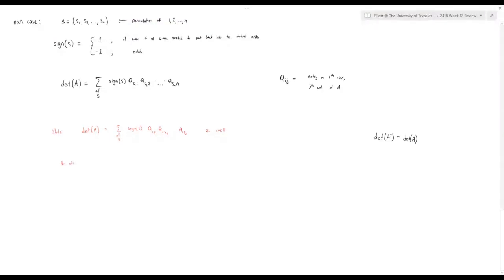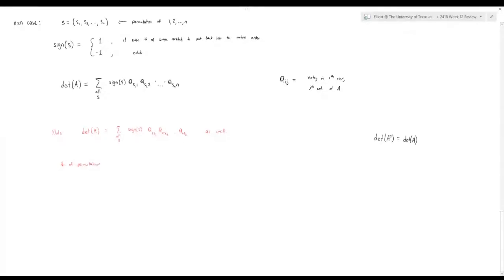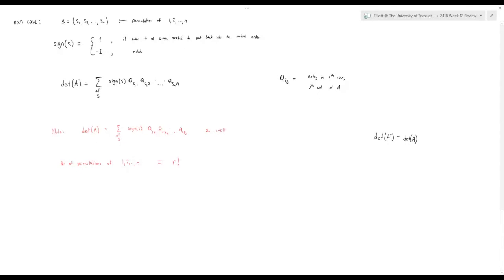The number of permutations of 1 through n happens to be equal to n factorial, okay? So n factorial grows pretty large pretty quickly. And that's one reason why they refer to this as the big formula.